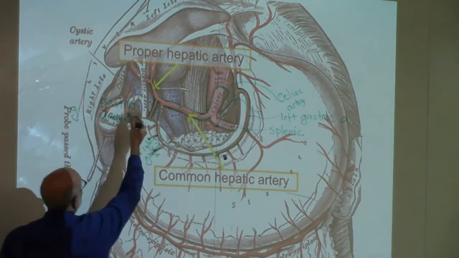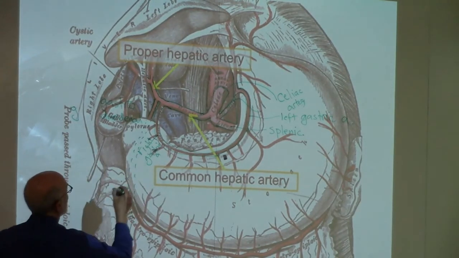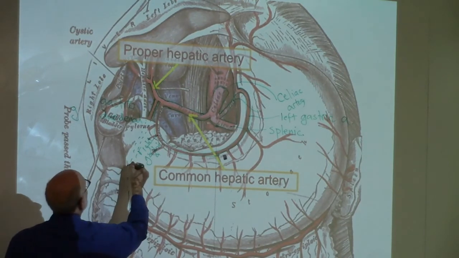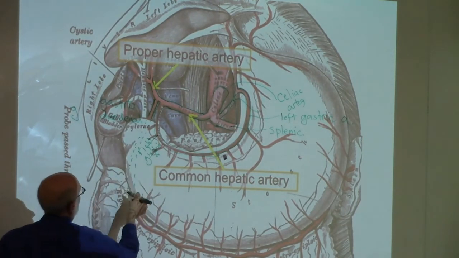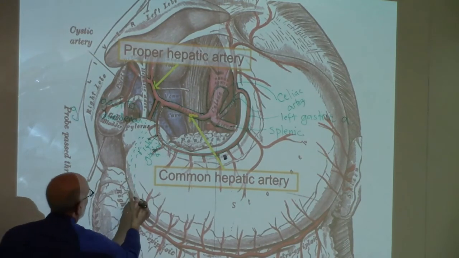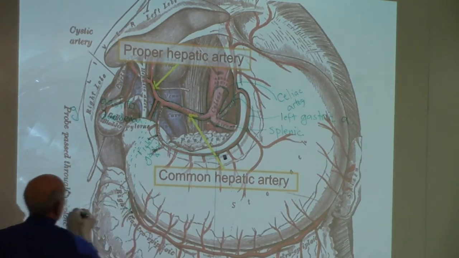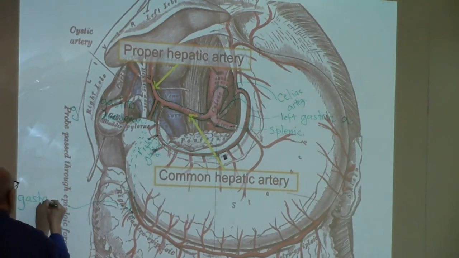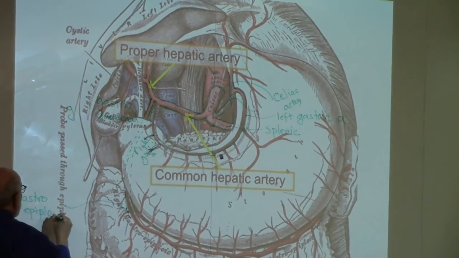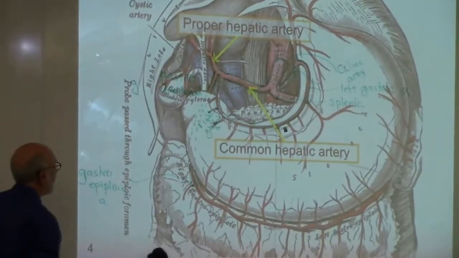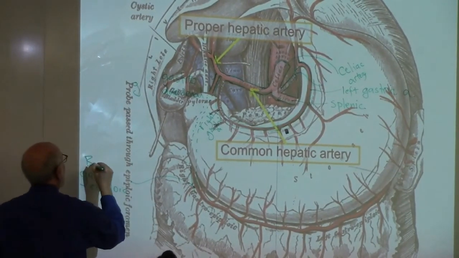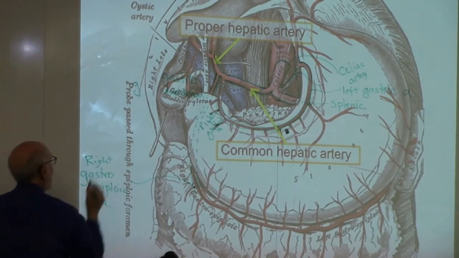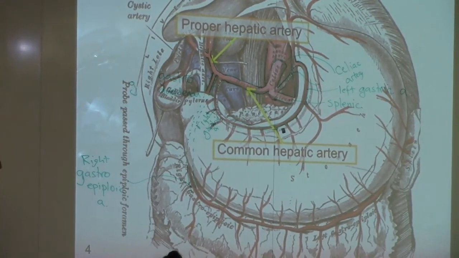The gastroduodenal artery has some branches that we can't see in this image behind the stomach here, but it forms the gastroepiploic artery. And this is the right gastroepiploic artery.